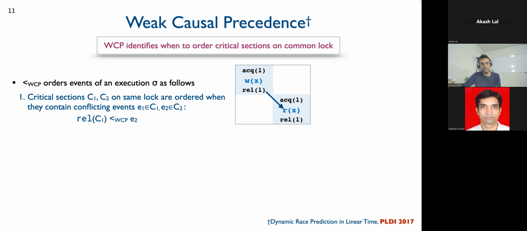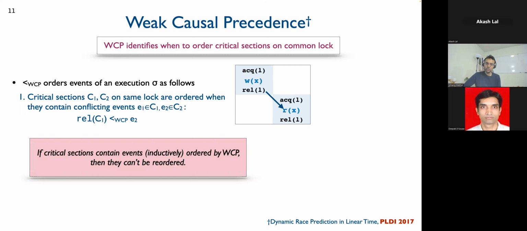And finally, all of these decisions have to be backed up by some sort of soundness guarantee. So it turns out that soundness works out well. Anyway, moving on, the next rule is that basically if you have two critical sections that contain events that are inductively ordered by WCP, then again you should not reorder these two critical sections.